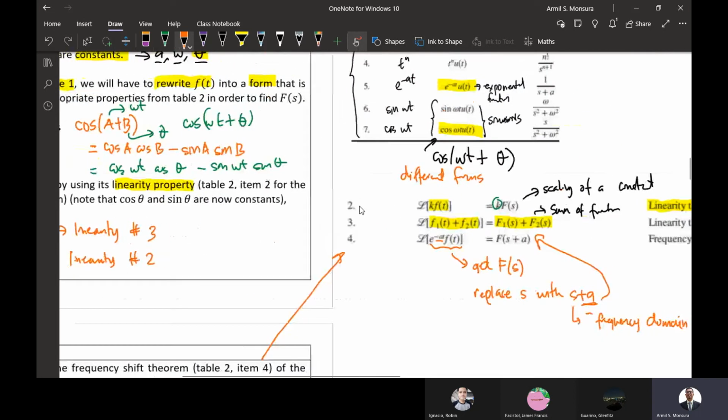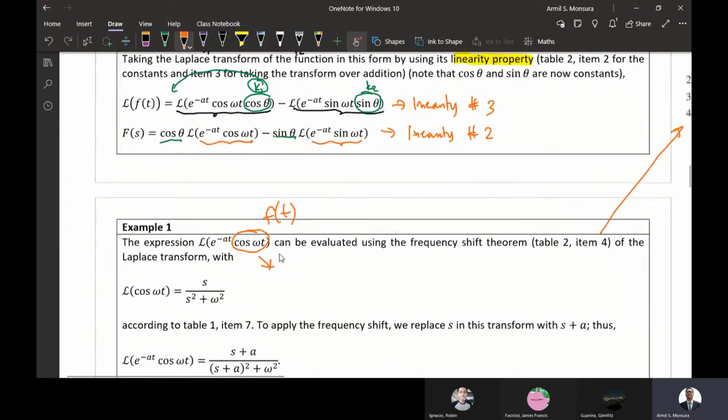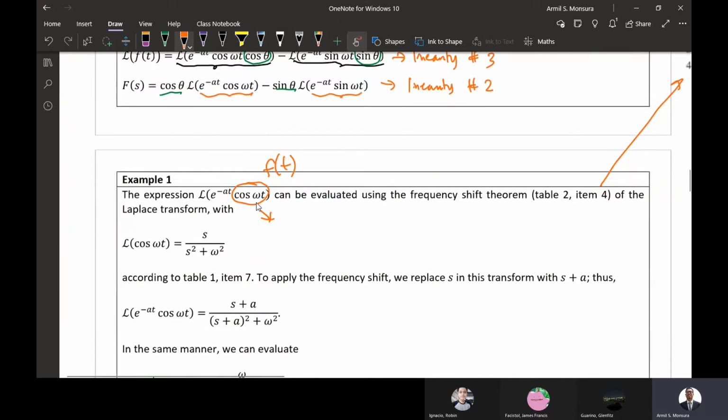Yun yung good news ngayon doon. Nasa table 1 na siya. Okay? So, ito ngayon yung magiging f of s natin. Sabi nga doon, yung cosine omega t ninyo, yung magiging f of s natin according to table 1, number 7, okay, so magiging s over s square plus omega square yan.